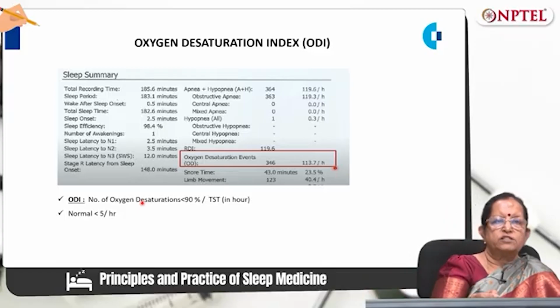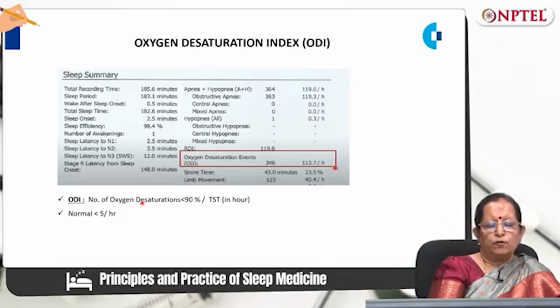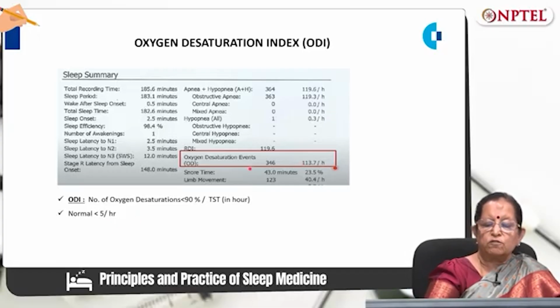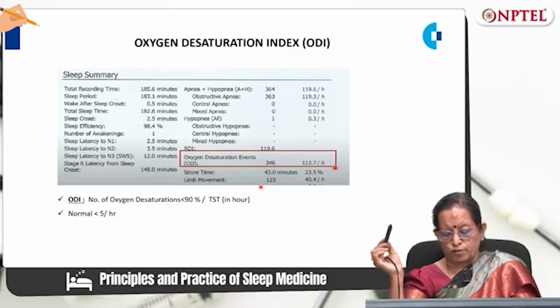Oxygen desaturation index is the number of oxygen desaturations less than 90% divided by the total sleeping time in hours. Normally it should be less than 5 per hour. Here you see, total oxygen desaturations 346, that is 113.7 per hour. So, this is very severe desaturation.